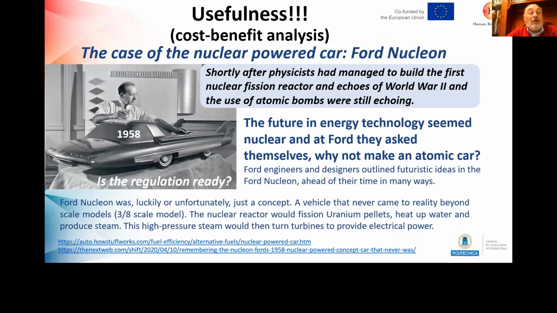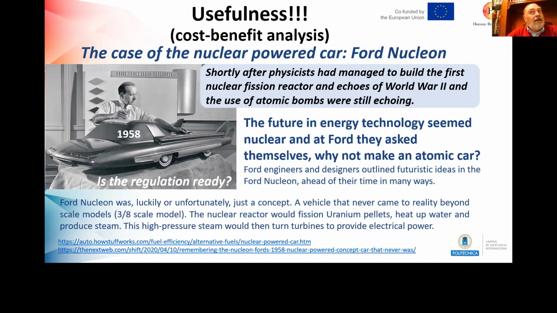You probably know that in 1958, Ford invented in the Ford labs, and Ford is a very large company, not just a garage idea, a nuclear-powered car. And this is the prototype, a 3/8 scale model of it. But the prototype never reached the market.